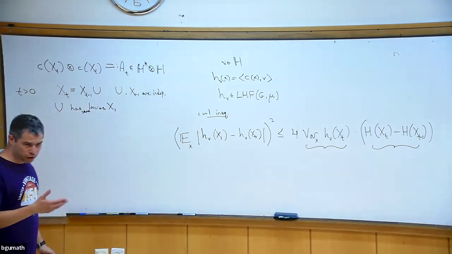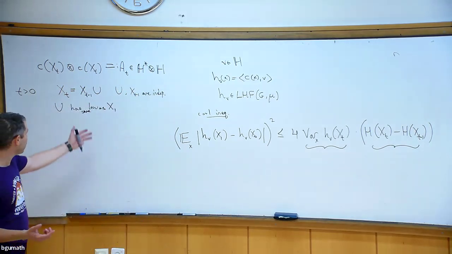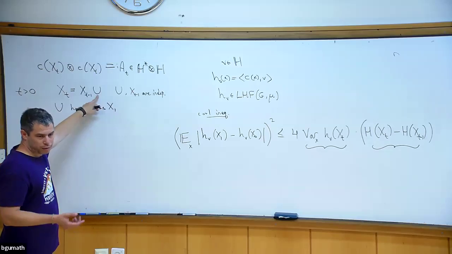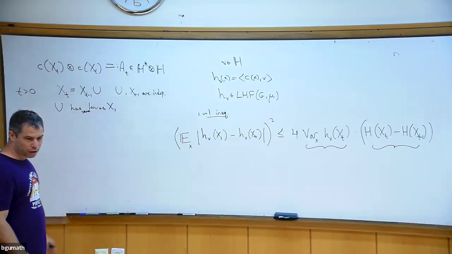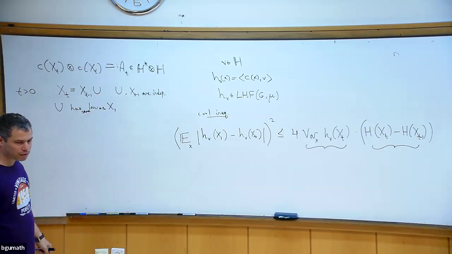The distribution of the next step is mu. I multiply by an independent element. That's just a notation, I'm just giving them names.